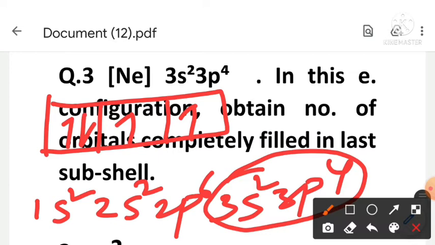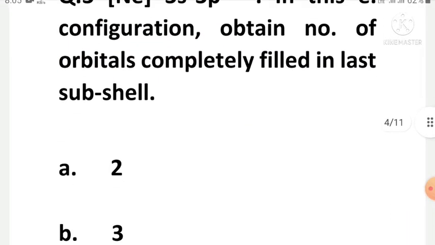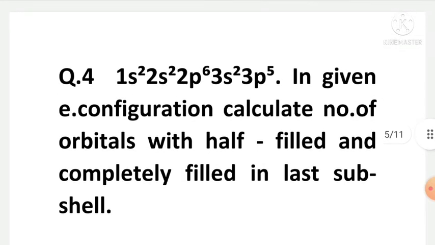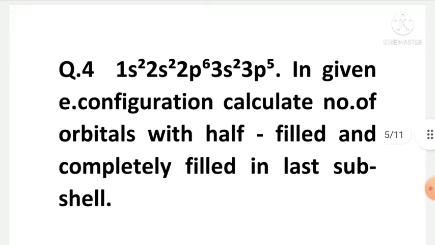So we have to select the correct option in the given options: A 2, B 3, C 1 and D 0. Now you have to select the correct option. Now we see question number 4.